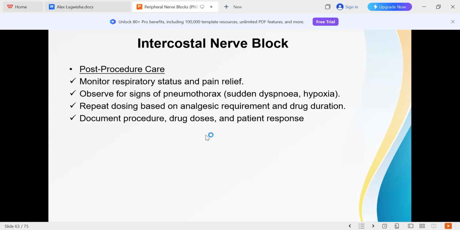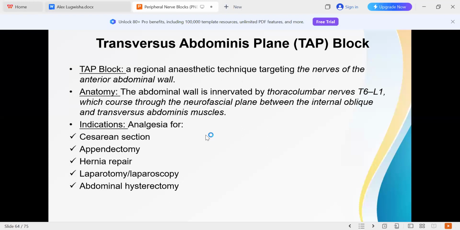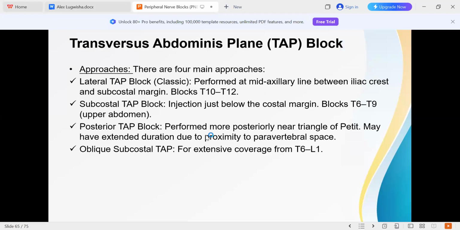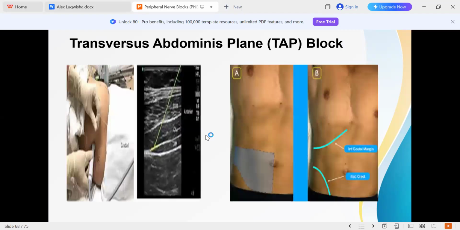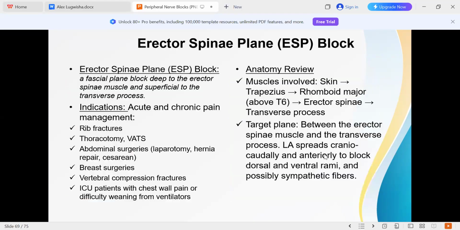And the transversus abdominis plane block: I'm sure we are aware of this, and it's a very good regional anesthetic technique. We target the nerves of the anterior abdominal wall. Look at the subcostal margin and the iliac crest. In between is where you want to perform your TAP block.